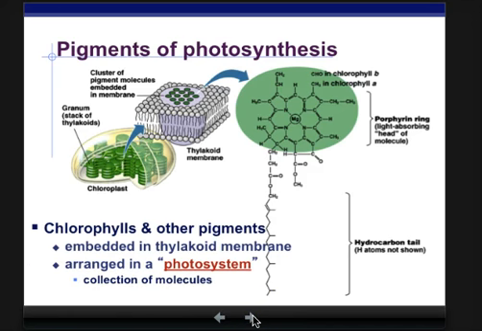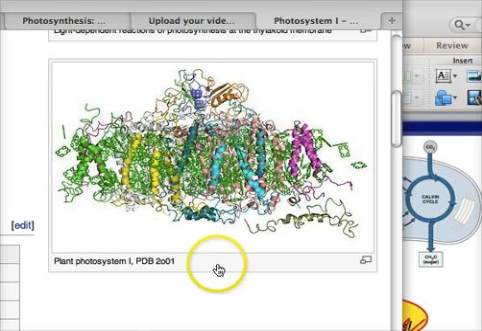So they are arranged in what we call a photosystem, a collection of molecules. Let me show you a molecular picture of a photosystem. I'm going to pause for a second. Here's a picture from Wikipedia of photosystem 1. It's not just one type of molecule in there. There's a whole bunch of them being held together.